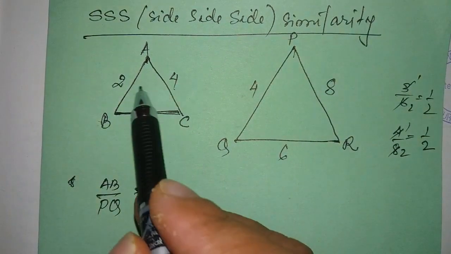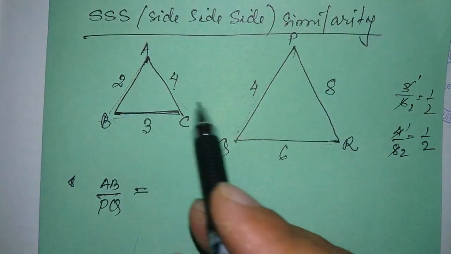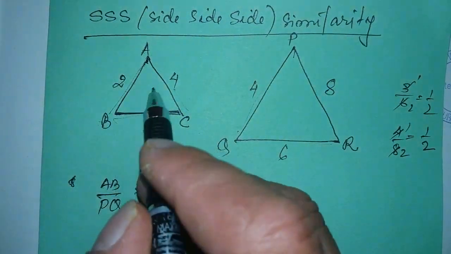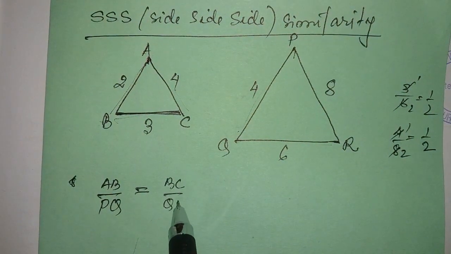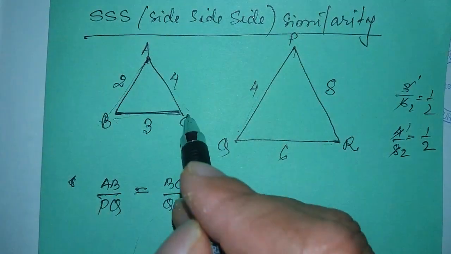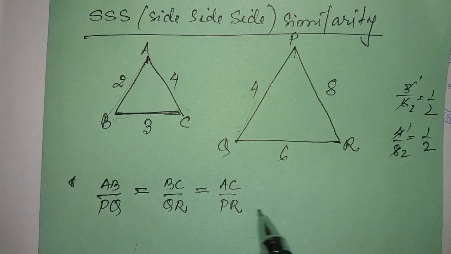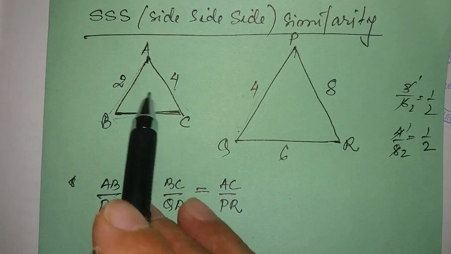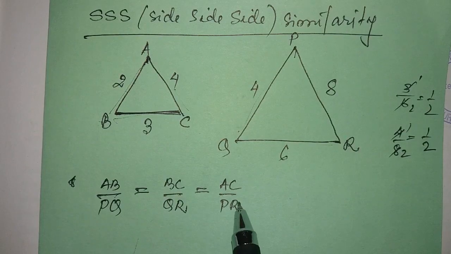So here the ratios of the corresponding sides are equal, which means the corresponding sides are proportional, because all these are 1 by 2, 1 by 2, 1 by 2.